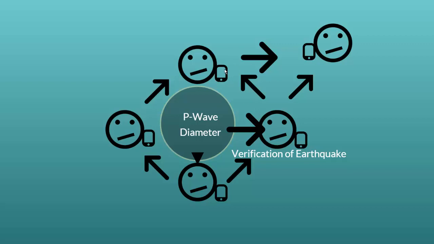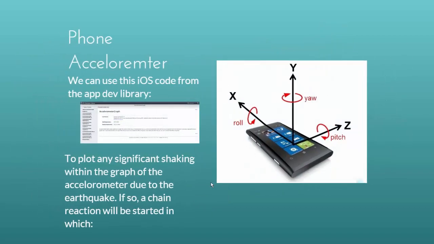And finally, these two people's phones will correspond with the last person's phone, who will actually get the warning last, because since he's the farthest from the P wave from the other people's phones, he'll get the warning seconds after the first person. And so that is how we utilize a phone accelerometer to warn people about an earthquake, as well as detect one.